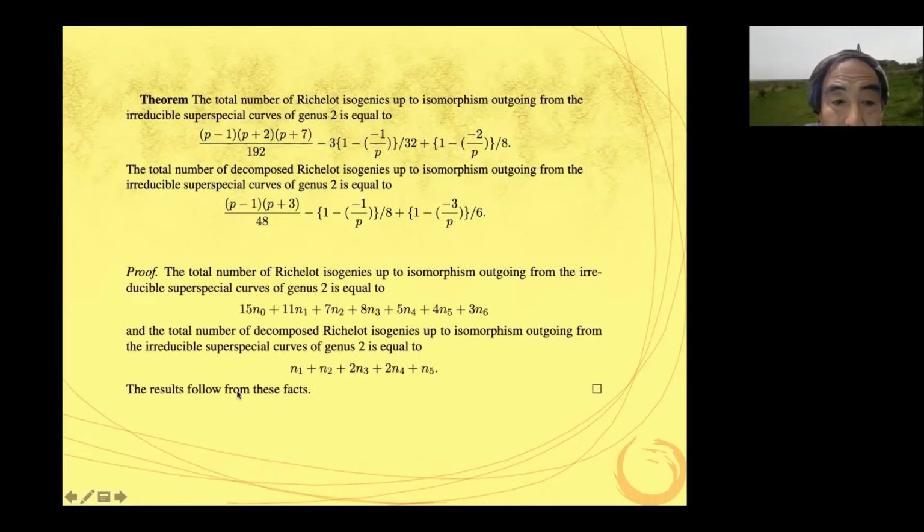The proof is just summing up our calculation until now, because for each class we know the number of superspecial curves, and for each decomposed and non-decomposed one, we already calculated. So summing up these things, we get this number, and this one gives this number. This is the calculation for Richelot isogenies outgoing from irreducible superspecial curves of genus 2.